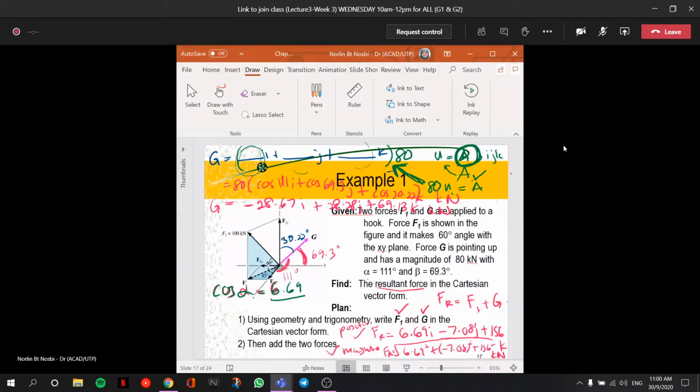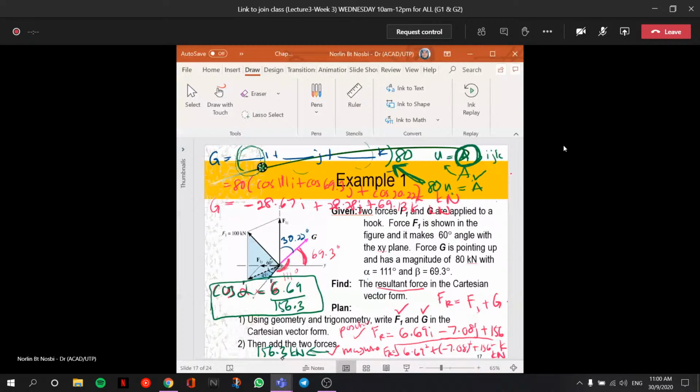The magnitude value is 156.3 kilonewton. So you just use back the equation that I showed you before: cos alpha is equal to the vector at x over the magnitude. So now you know the angle for alpha. What is the value?